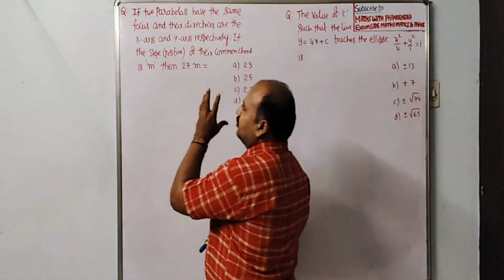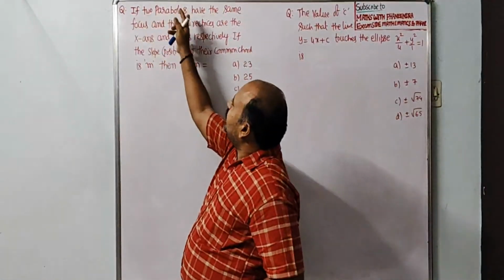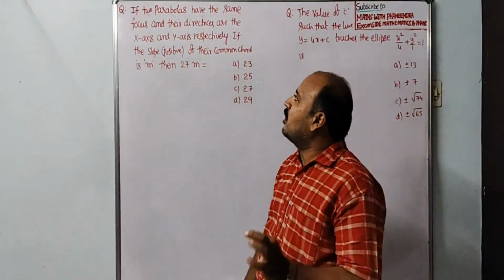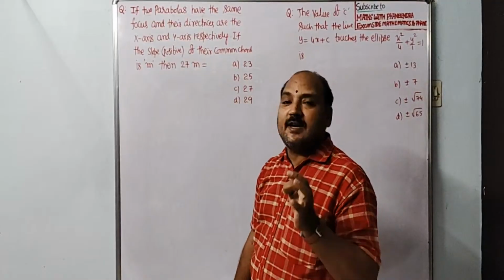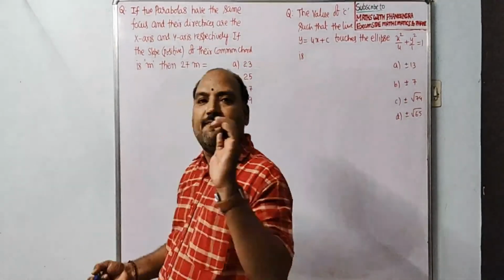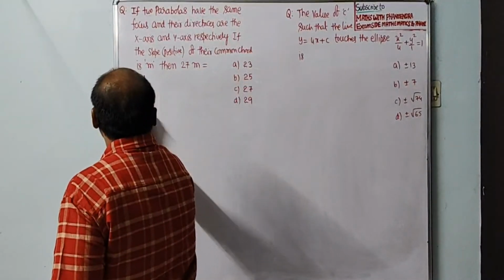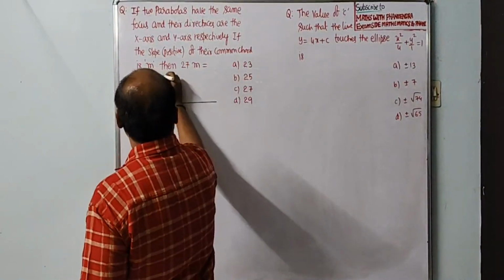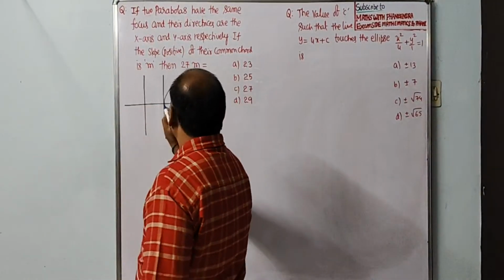See, this is a good question according to my knowledge. If two parabolas have the same focus and their directrices are the x-axis and y-axis. See, just a rough figure I am going to draw. This is the parabola, dear students.